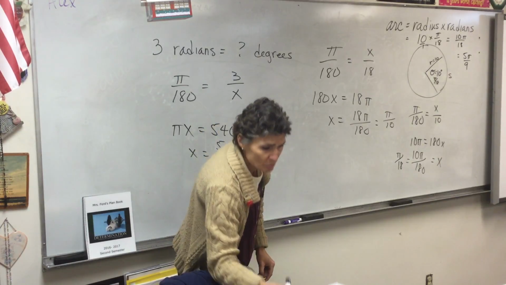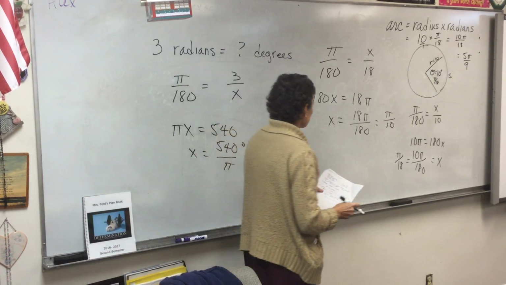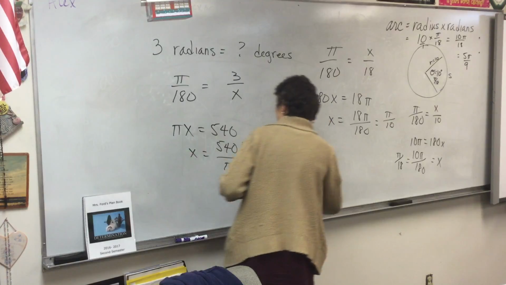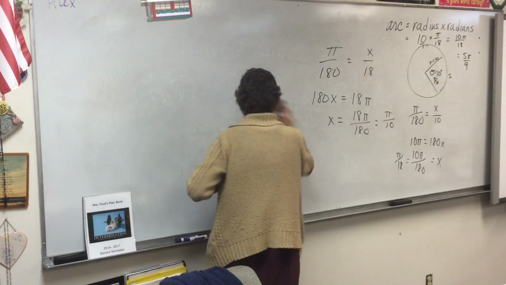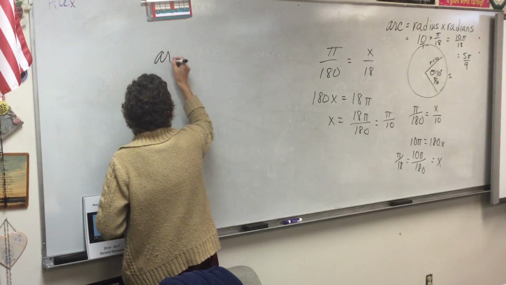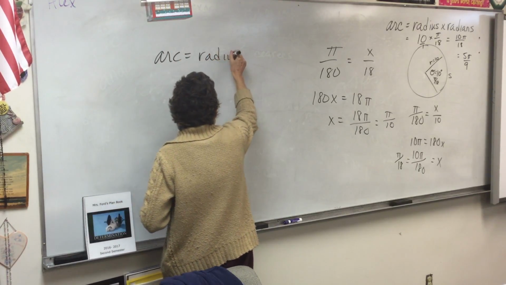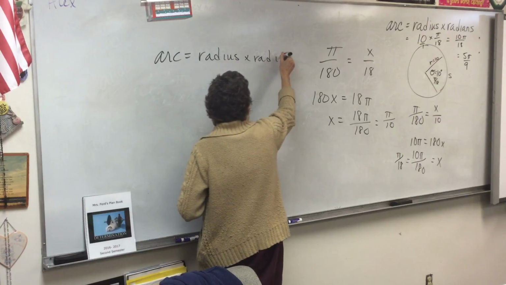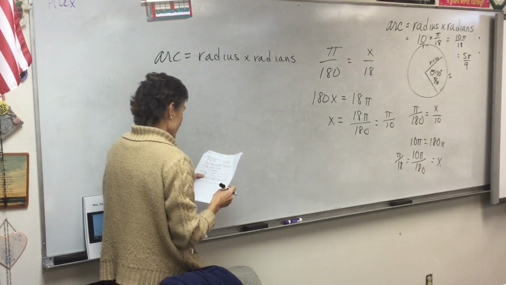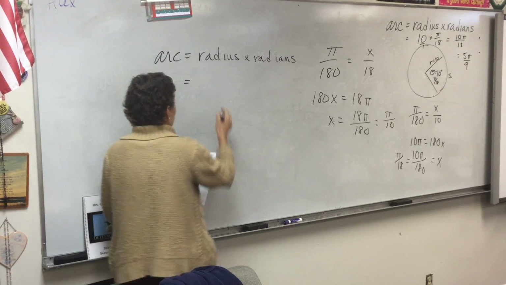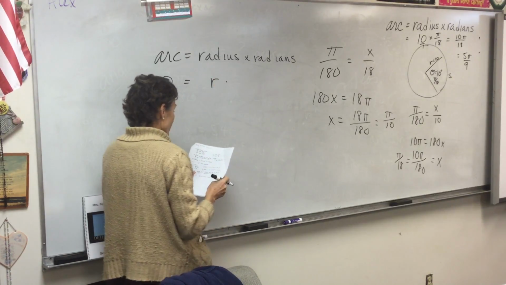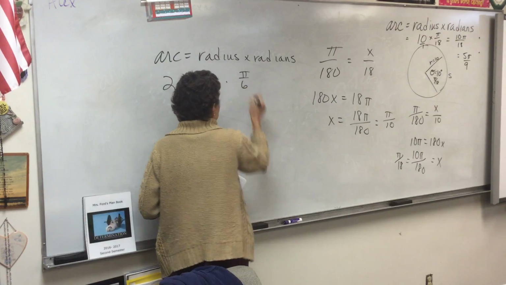One more, we'll finish the second part of this one. B uses the same picture, so we will use the same formula. Arc length equals radius times radians. So what do we know this time? We know the arc length is 2. I don't know the radius, but the angle is pi over 6 radians.